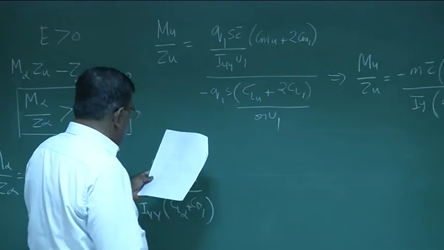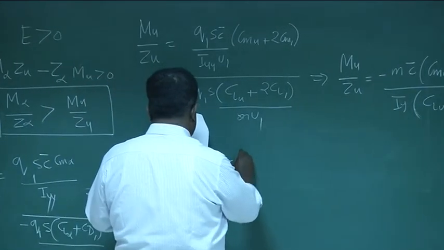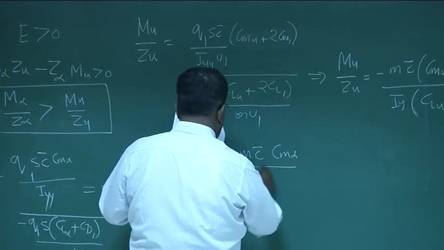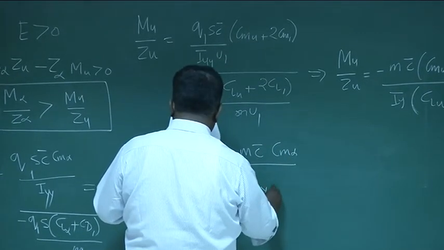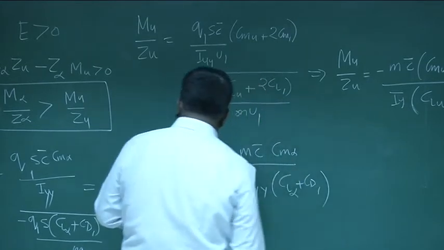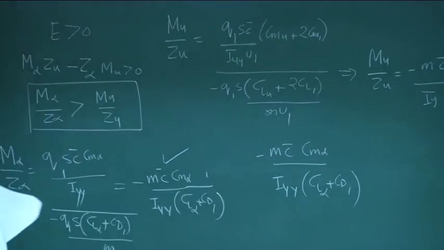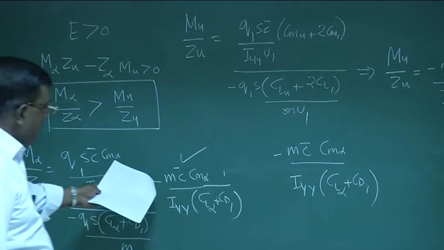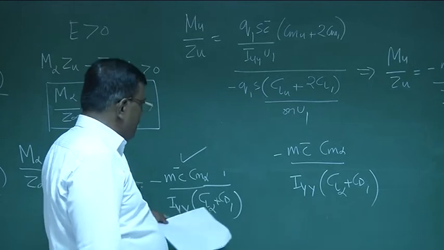So now we will write like this: minus M C bar Cm alpha by Iyy, Cl alpha plus CD1. What is this? This is basically your M alpha by Z alpha. See, M C bar Cm alpha Iyy.